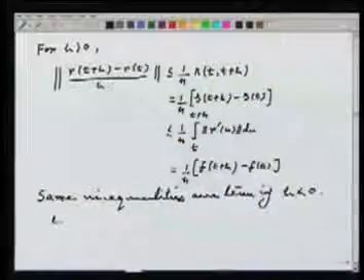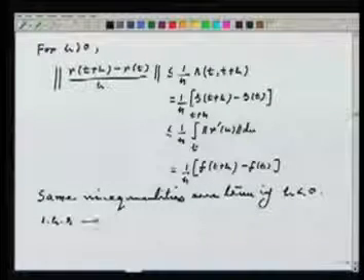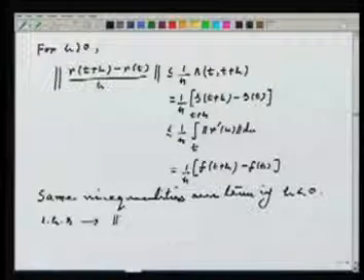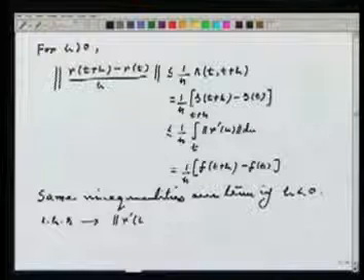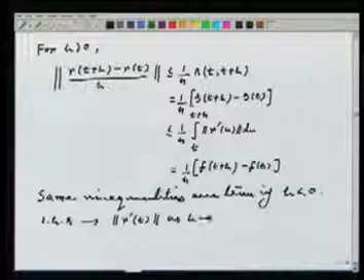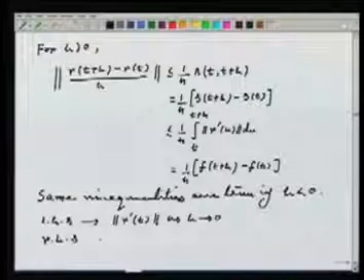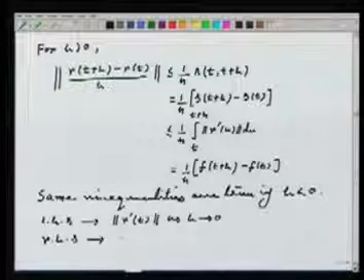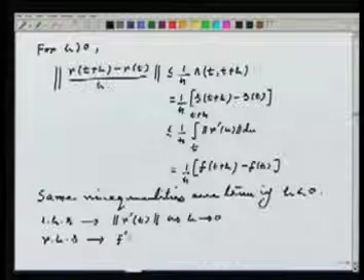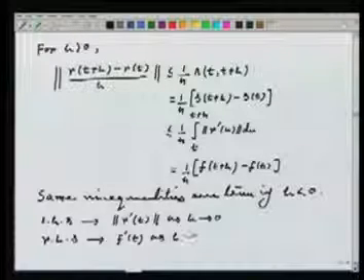Now the left hand side goes to norm r prime(t) as h goes to 0, and I look at the right hand side, that goes to f prime(t) as h goes to 0.